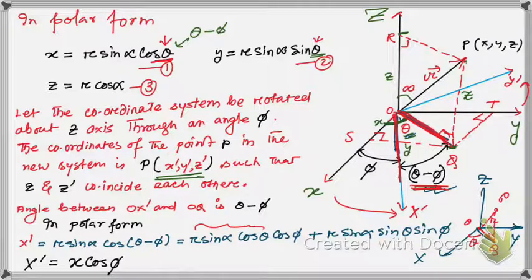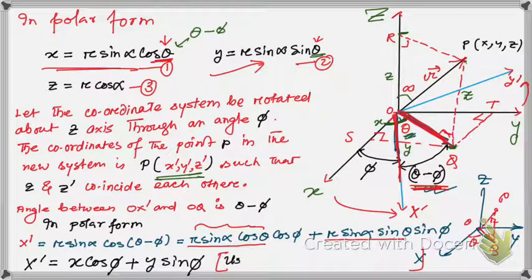That is x, right? So we're going to replace this part by x, and this part by y, because r sine alpha sine theta is nothing but y, using equations number 1 and 2.